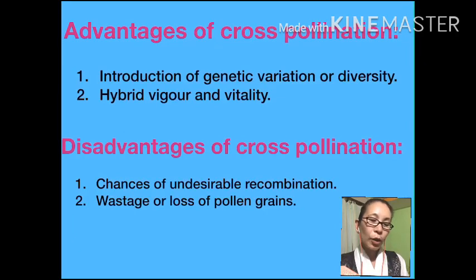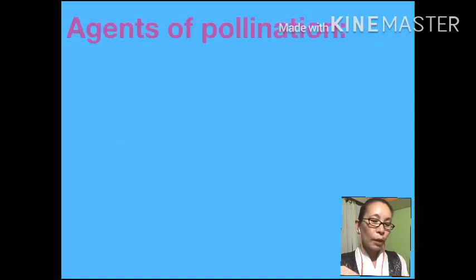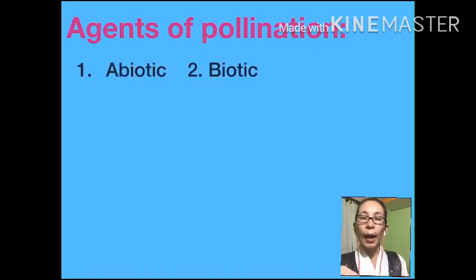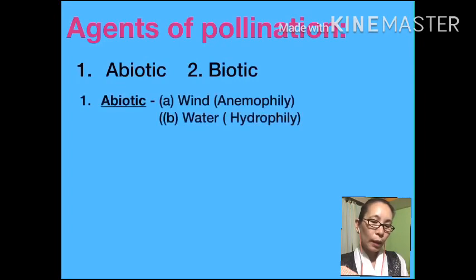Well, pollination is not an exclusive plant function. It involves two chief types of agents, which are abiotic agents and biotic agents. Abiotic or physical agents can be predominantly wind, and wind pollination is referred to as anemophily, whereas some plants are pollinated by water, which is called hydrophily.